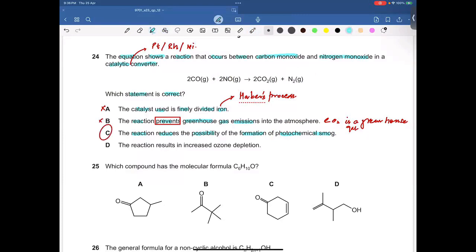But let's talk about D. The reaction results in increased ozone depletion. Since there are no CFCs in this scenario, which means there will be no ozone depletion under this reaction. So D is also incorrect.